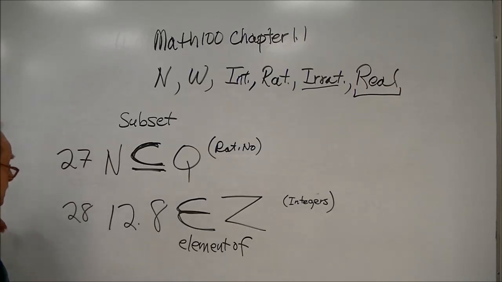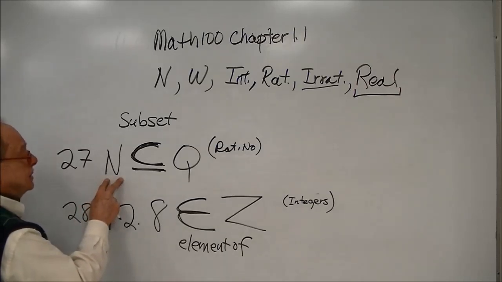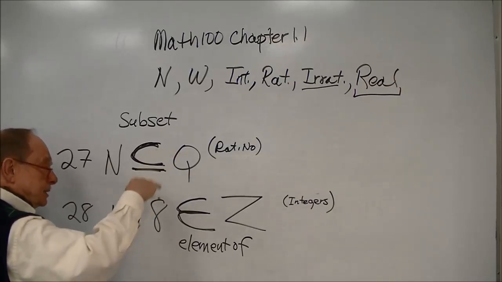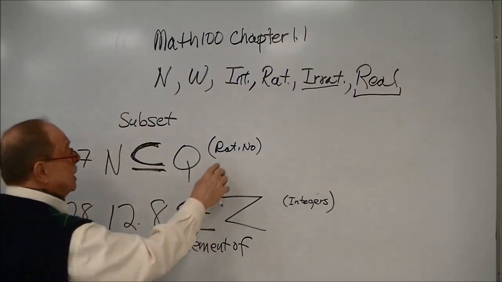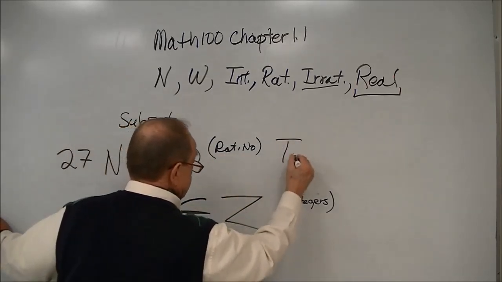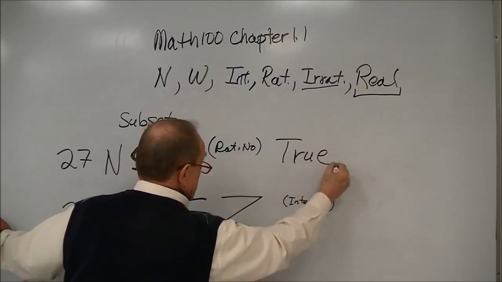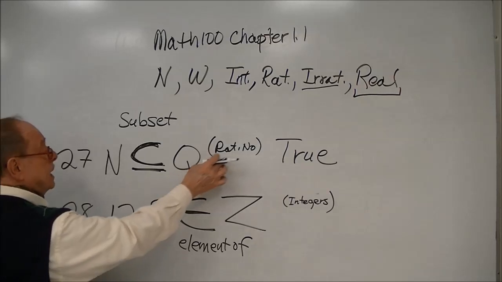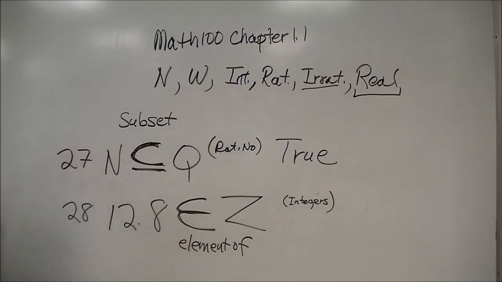So let's read this. Natural numbers are a subset, that is, it's sort of below that in that chart, of rational numbers. And this is true. Natural numbers are a subset of rational numbers.